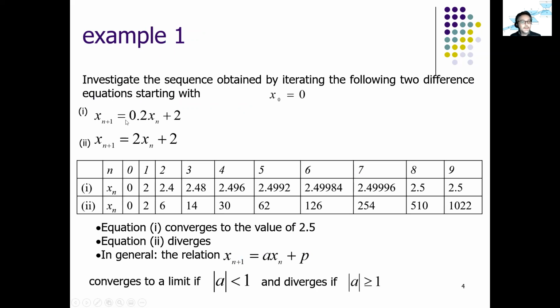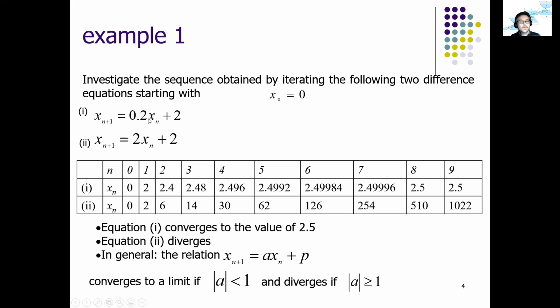For example, in the first case, this is the operation of the node, that's the value of the weight, and that's the sequence that is generated, x_{n+1}. The point on the next iteration is equal to the weight times the current state plus 2. In the second equation, you see that the weight changes, and it has been shown in dynamic systems that even for this simple model, we can generate completely different behaviors.